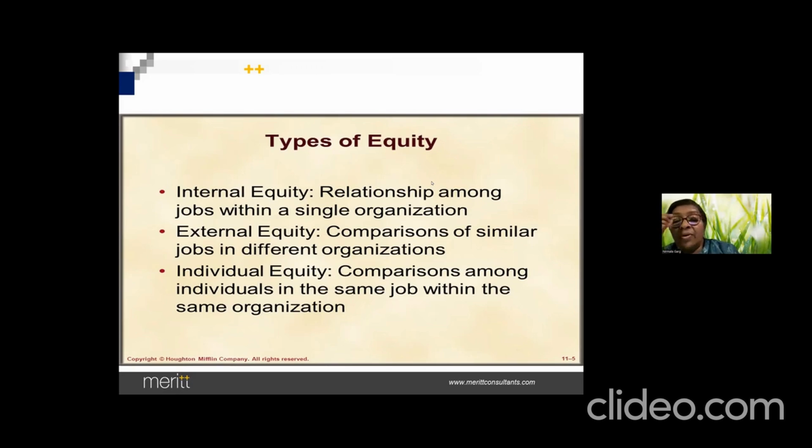All right. Now, when we talk about individual equity, see, there is a difference. Individual, it is not internal. What does it mean? Individual equity means there are two people working in the same job. I told you there are two accountants working in the same job, doing the same work, and the job description is the same.